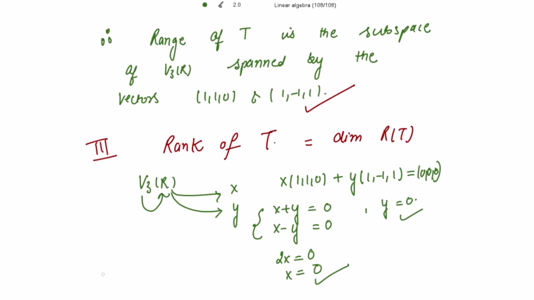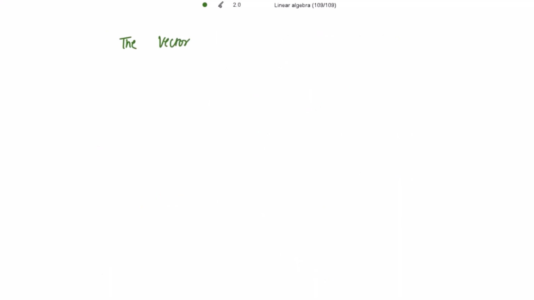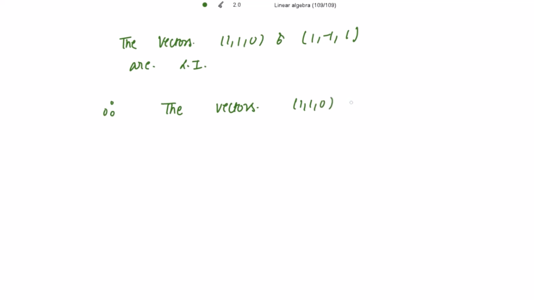So that implies that the vectors (1, 1, 0) and (1, -1, 1) are linearly independent. So therefore, these vectors form the basis for the range of T.